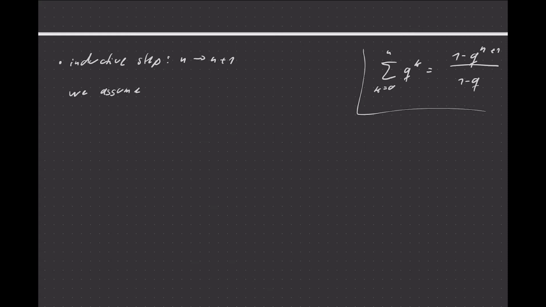So we assume that this statement, the sum over k equals 0 to n of q to the k equals 1 minus q to the n plus 1 over 1 minus q, holds for some n.